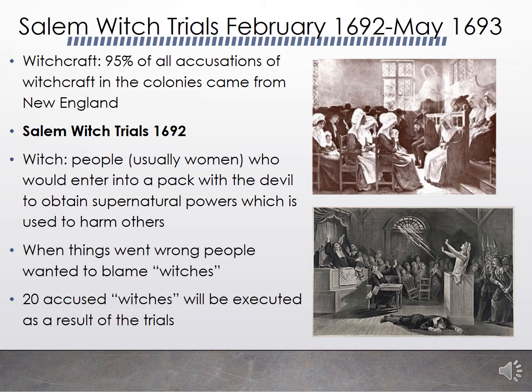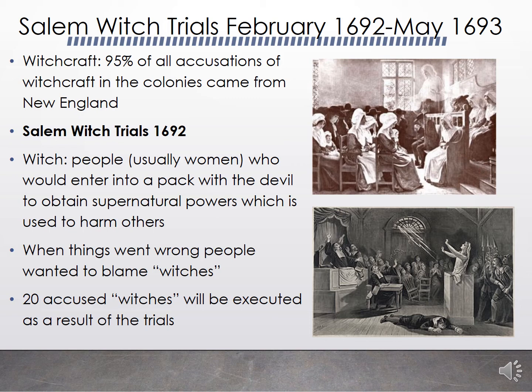Tituba talked a lot about the various details of what the devil had told her to do, and described the devil. And here are these people who are furiously writing down all of these details of what Tituba is telling them. And so Tituba actually evades execution because she admits to it.